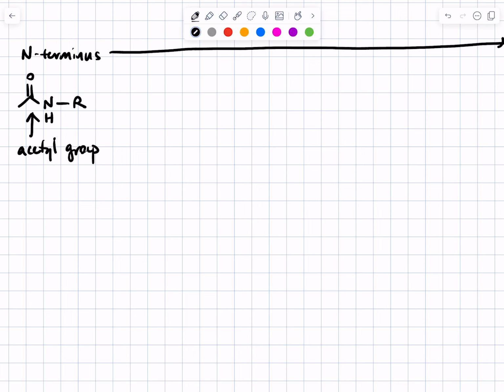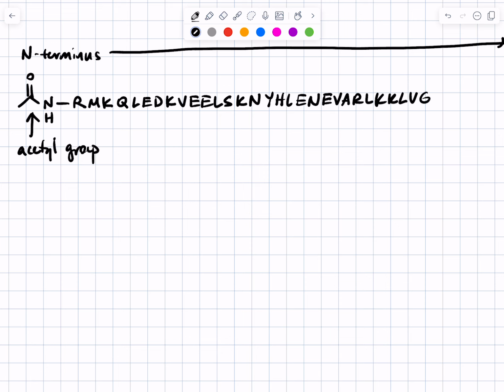So here is the sequence, RMK, QLEDK, VEEL, SK, N, YHL, EN, E, VARL, KK, LVGER.